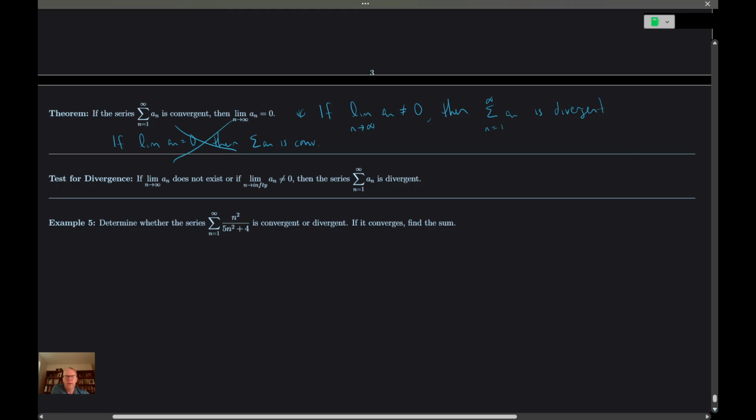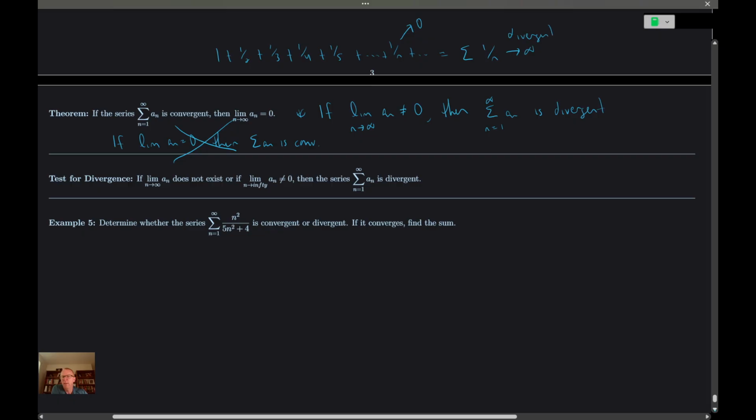One classic example is 1 plus 1/2 plus 1/3 plus 1/4 plus 1/5, and so on, plus 1 over n. These terms go to 0, so as n goes to infinity, that's going to go to 0. But this series, the sum of the 1 over n terms, goes to infinity, so it is divergent.